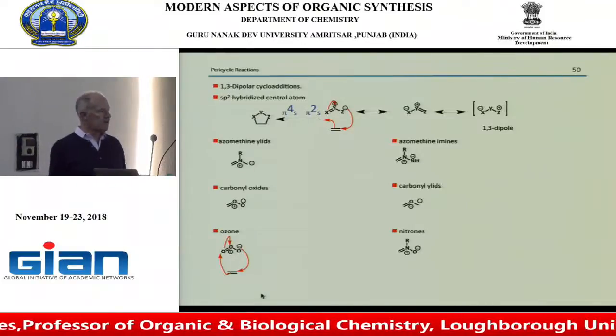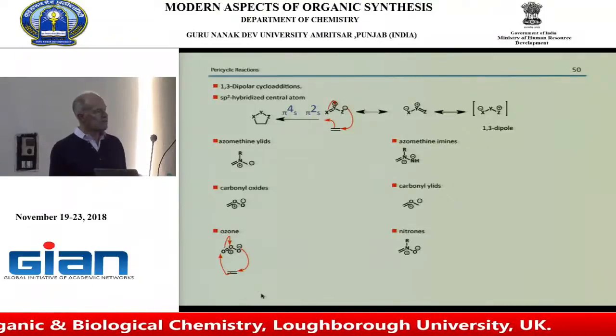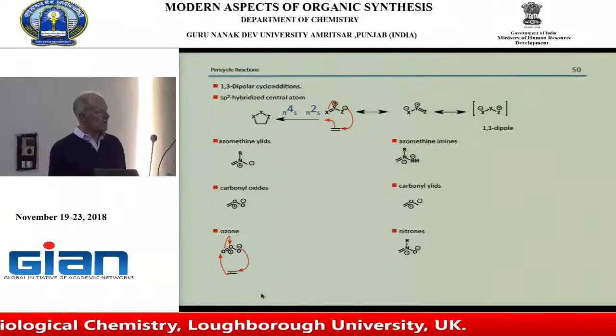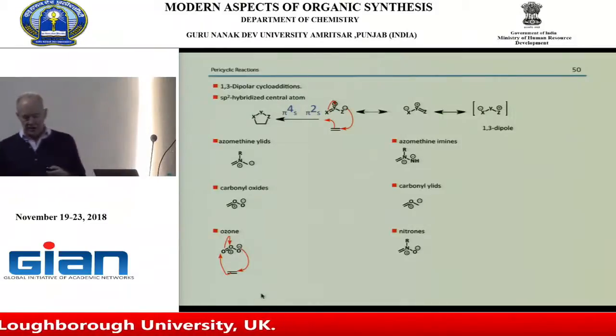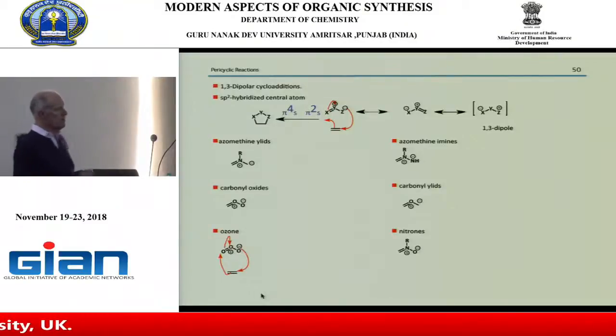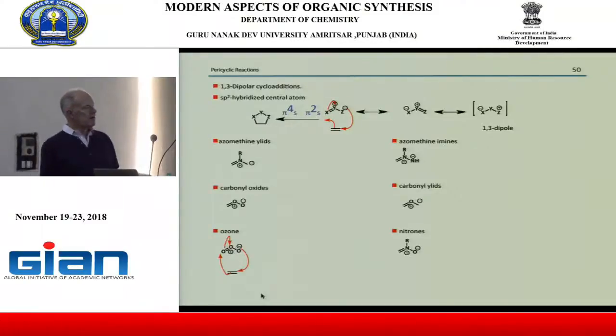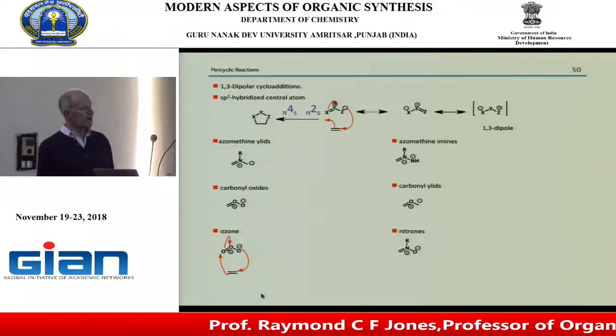Carbonyl ylides, I've got some examples of that in synthesis, that's a COC dipole. Ozone, gaseous ozone in ozonolysis. When you learn about ozonolysis in early chemistry classes, it is a dipolar cycloaddition because one resonance form of ozone is a 1,3 dipole, or behaves like a 1,3 dipole.